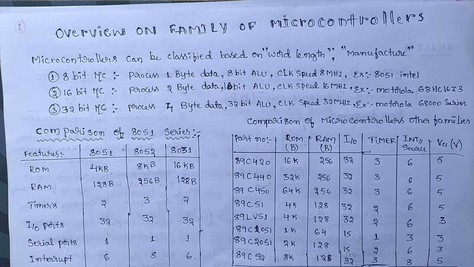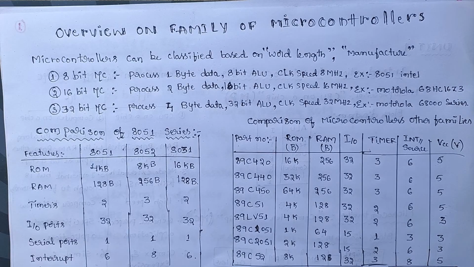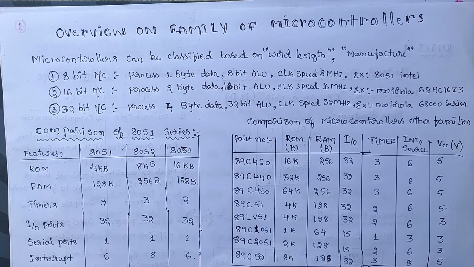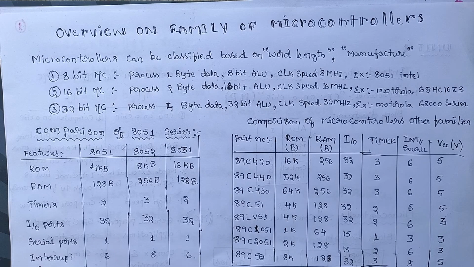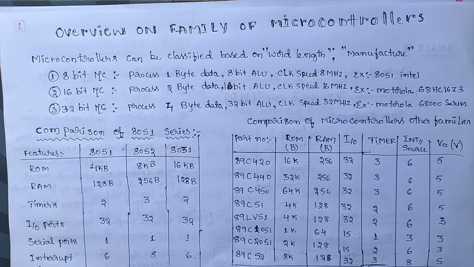Based on word length, they are classified into 8-bit, 16-bit and 32-bit microcontrollers. The 8-bit microcontroller processes 1 byte of data, that means it can process 8 bits of information, because it has an 8-bit ALU, internal bus structure and register word length, and its clock speed is 8 megahertz.